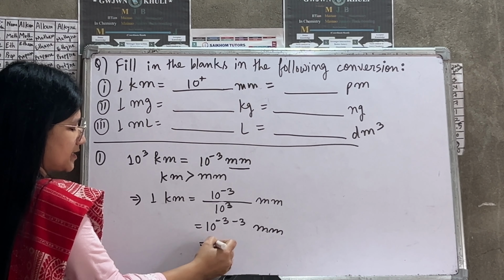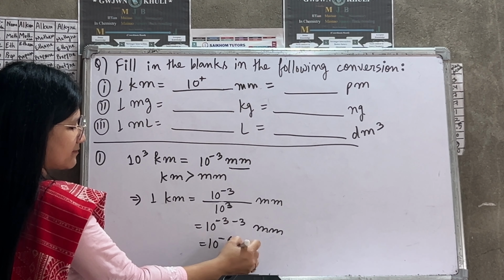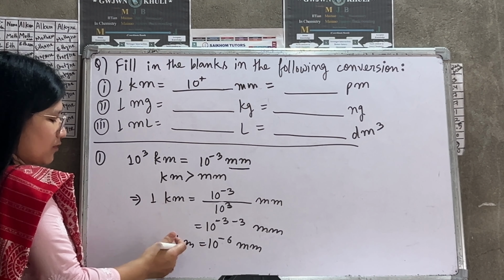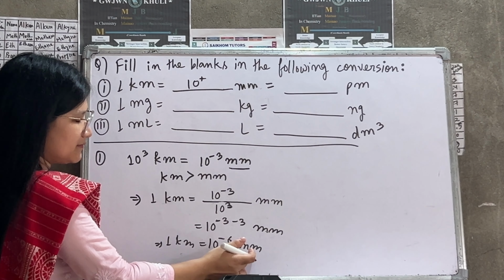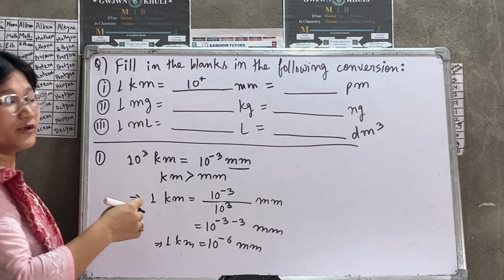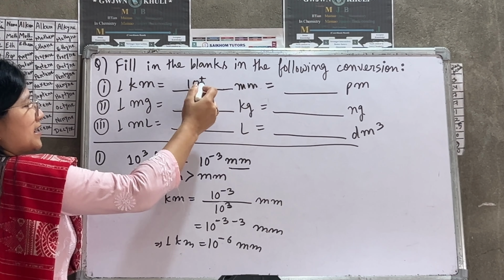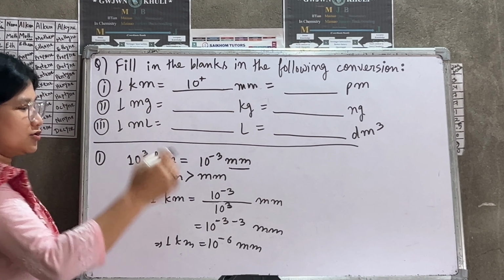So the value is 10 to the power minus 6 millimeter. Here, in the problem, 1 kilometer equals 10 to the power minus 6 millimeter, but in the trick, what we got is that for kilometer to millimeter conversion, the positive sign should be there. So this negative should be positive and the 6 stays as it is.